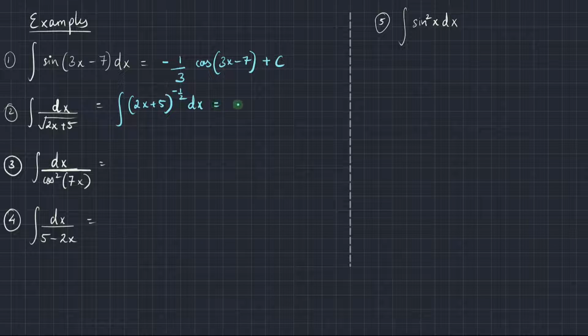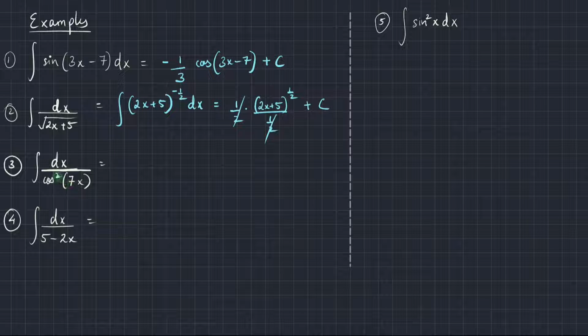So I'm immediately going to write 1 over 2 times the antiderivative of something to the negative half, which is that thing to the power of half over 1 half. So we get 2x plus 5 to the power of half all over half. And now we can see that the halves cancel over here and we can write plus c.